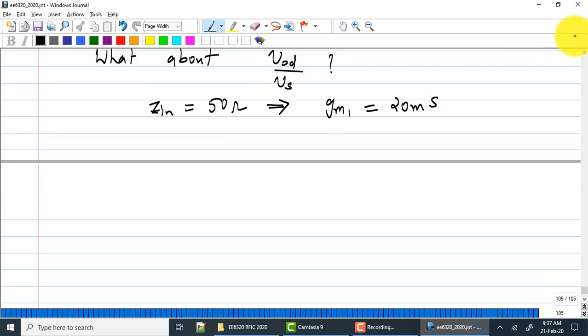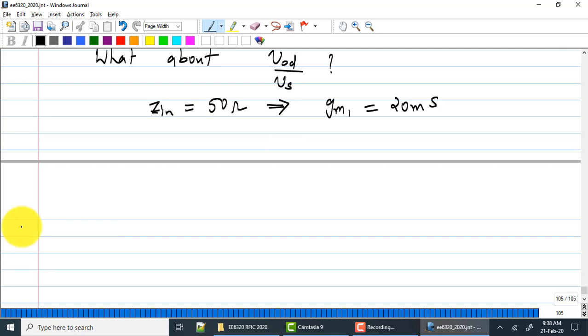You are going to use a very small device with a lot of current, right? Which is why not using that capacitor C is completely untenable. VGS1 and VGS2 are going to be very large. So you will decide GM1 of 20 millisiemens.